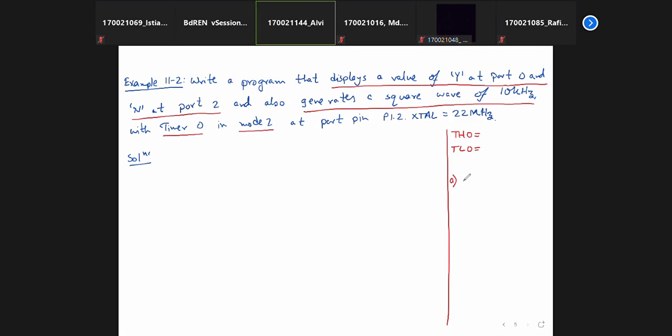Sir, how much time does one machine cycle take? Right. For 22 megahertz, we know that this is 0.546 microsecond. Assume we calculated that already. We know that one machine cycle will require 0.546 microsecond. Then, from the frequency, what do we need to find out? Don't you remember?